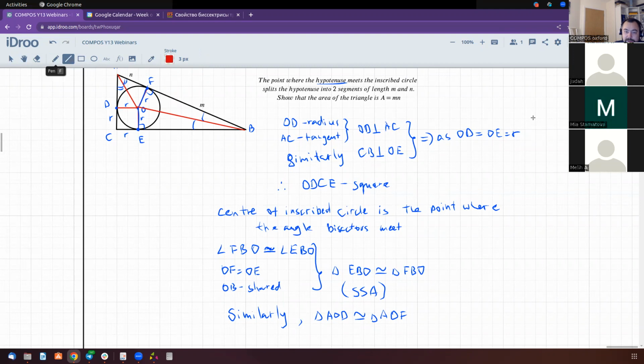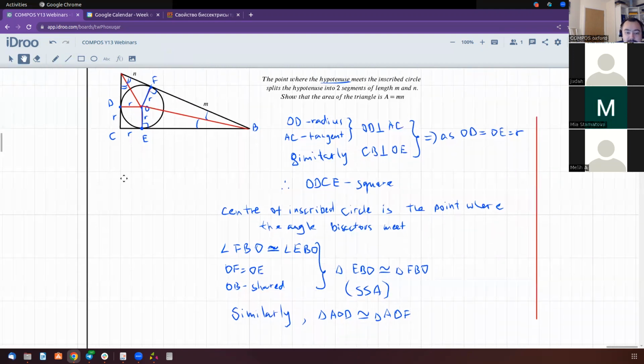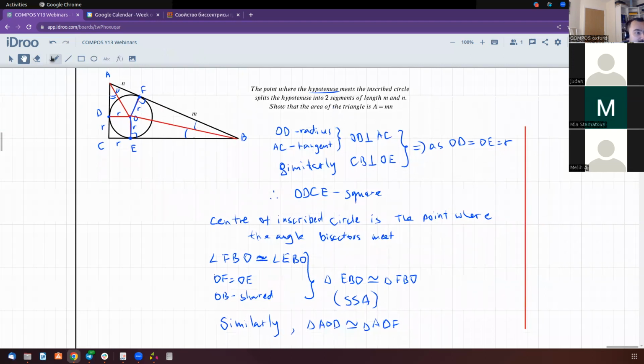So what do we get from this? Well, we get from this an important thing that, well, if FB is M, therefore EB is also M. Let's label that. This is M. And AF is N, and AD is also N.